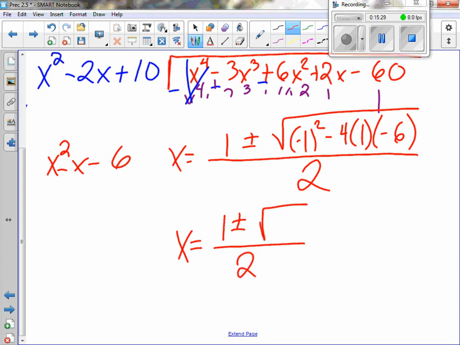So we can type everything that's inside the square root into the calculator. Well, 1 squared is 1. Negative 4 times negative 6 is positive 24. So we should get 25. You can check me on that and make sure I got that right.